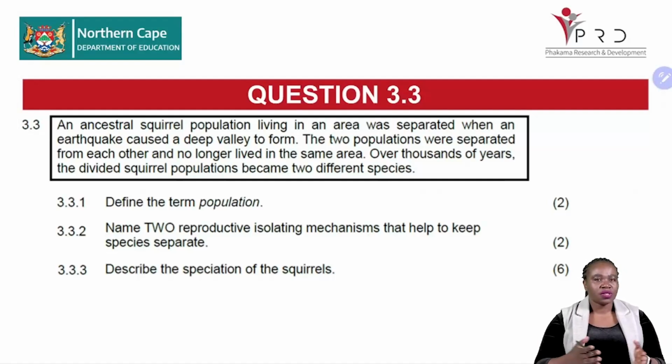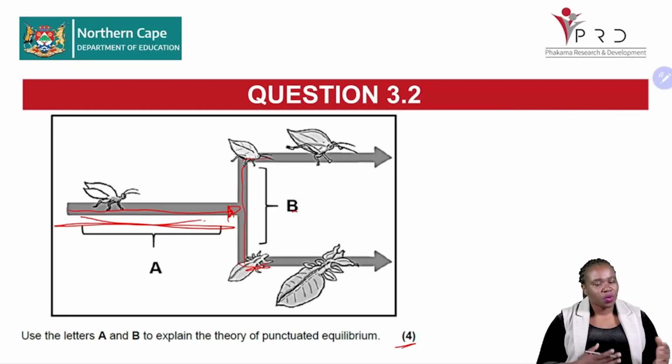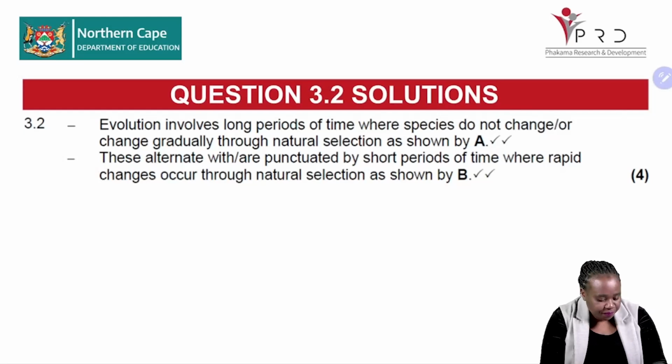You are going to see those in between colors, which we refer to as transitional organisms. Whereas with punctuated equilibrium, you do not see that. You see this organism and then it has suddenly changed to something else. And then there are long periods of time where it doesn't change, and then suddenly again it changes to something else. Whereas with gradualism, there are changes that are taking place slowly.